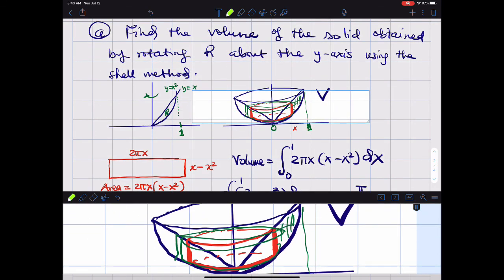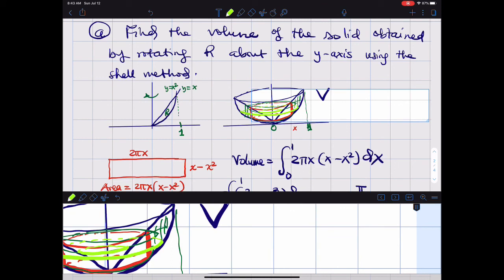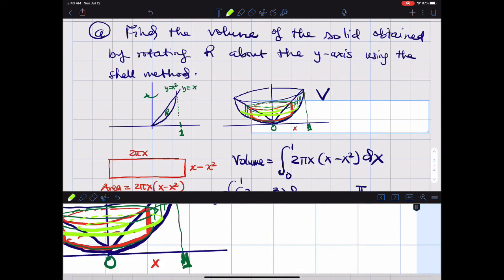Okay, so we're going to do the washer over here, and then there. I just messed up everything, but it's fine. So you're going to end up with a disc like that.